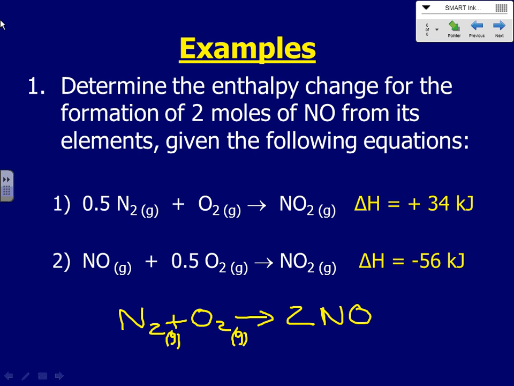And NO is nitrogen monoxide. It's also a gas. Again, I would tell you that type of last bit of information there. I don't expect you to know all this stuff, but nitrogen oxides are gases. Okay. So this is what I want as my final reaction, and ultimately I want to figure out its delta H. So that's what the question is asking.